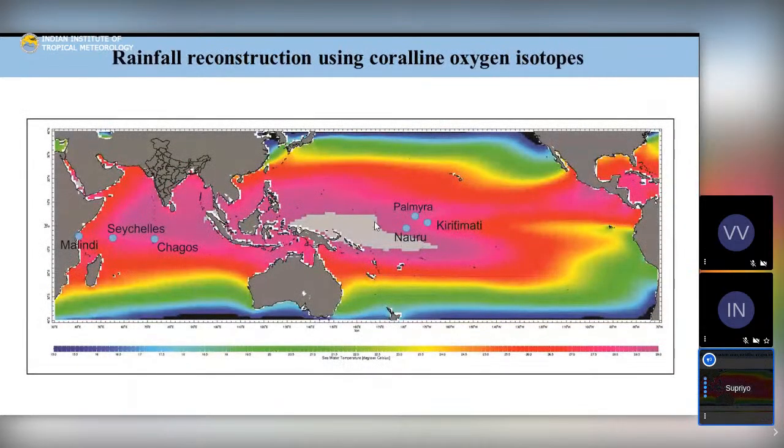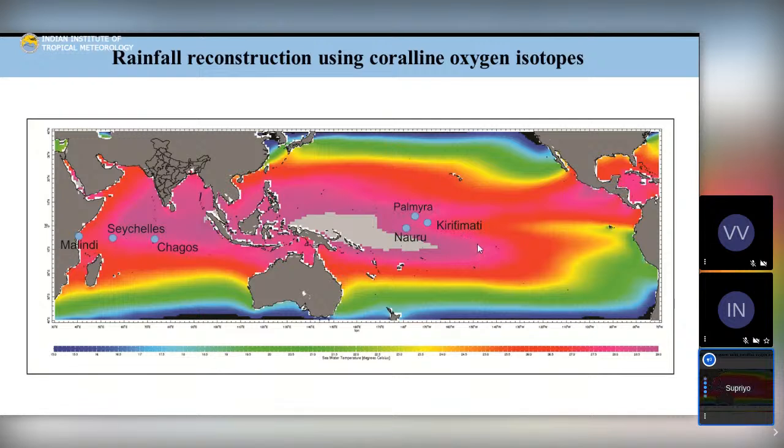This is another example to show how coral oxygen isotopes may be used to reconstruct the summer monsoon rainfall variability over India. In this case, the link between El Nino and the Indian monsoon is used.